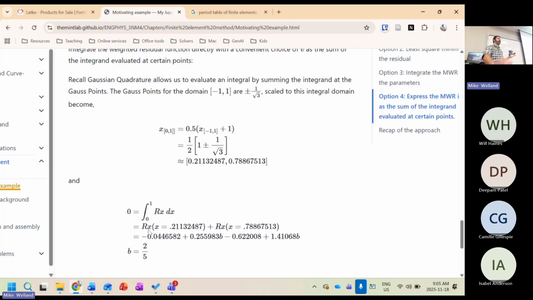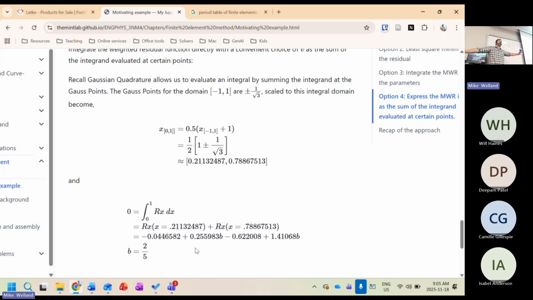Because we have to scale between 0 and 1 and -1 and 1, these become our magic Gauss points. You plug that in and all you have to say is your residual times x at the first Gauss point, plus that at the second Gauss point. You sum those 2 together and you solve for b and you're done.